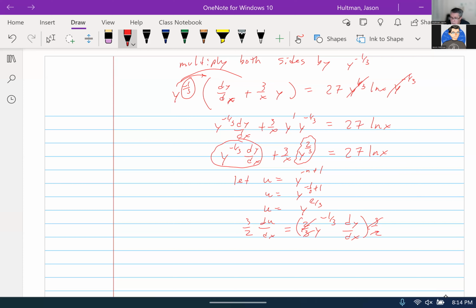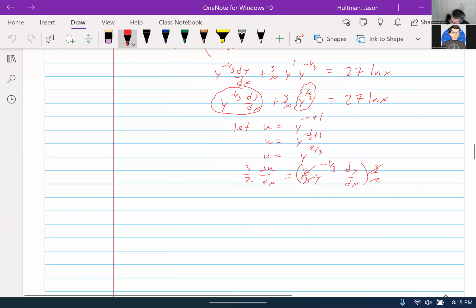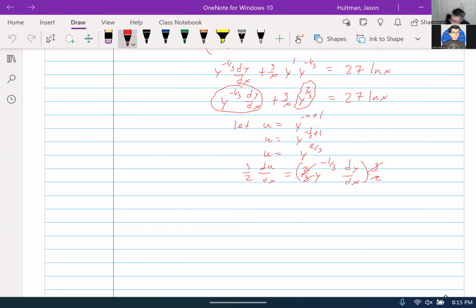I don't have to deal with a y to the negative 1/3 anymore. That's awesome. I also don't have to deal with a y to the 2/3 because that just became u. So this becomes a linear differential equation really quickly. This becomes 3/2 du dx plus 3 over x u. That's what the y to the 2/3 was, u there.